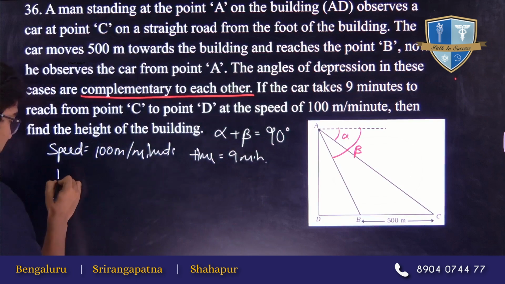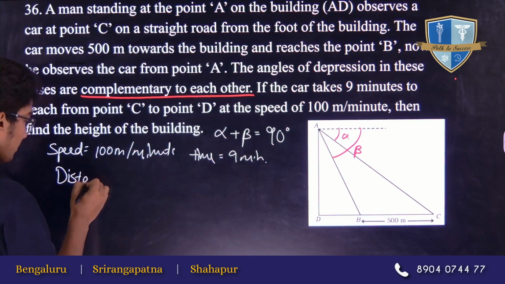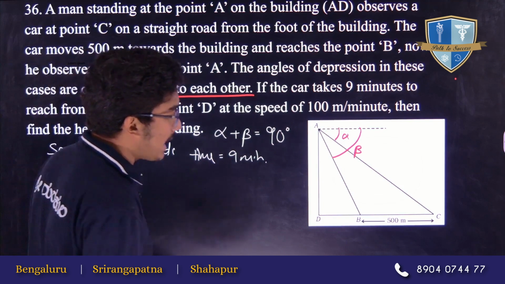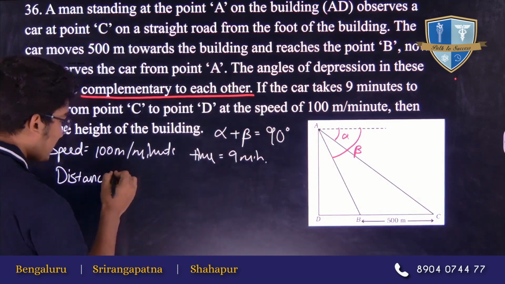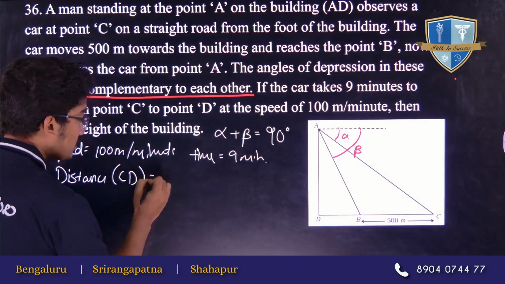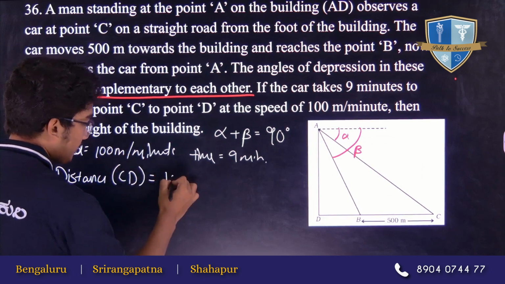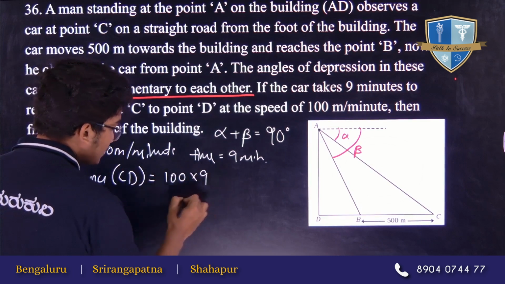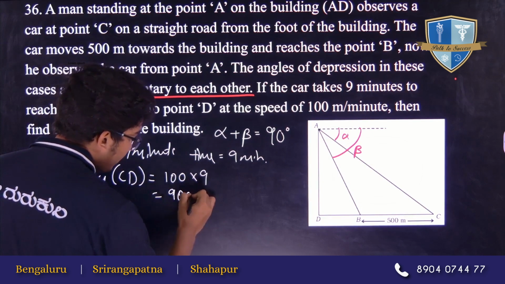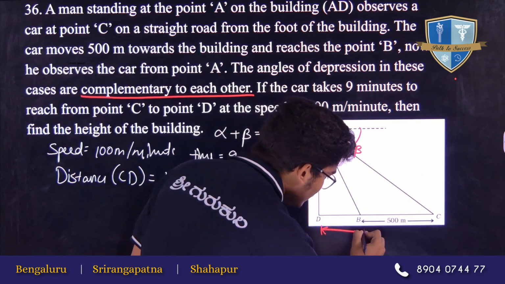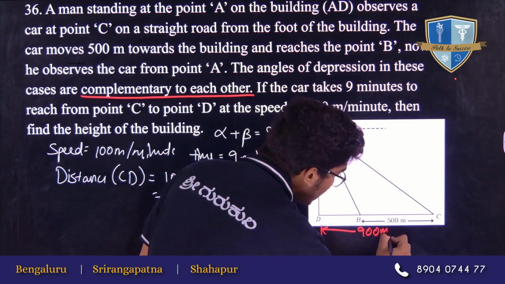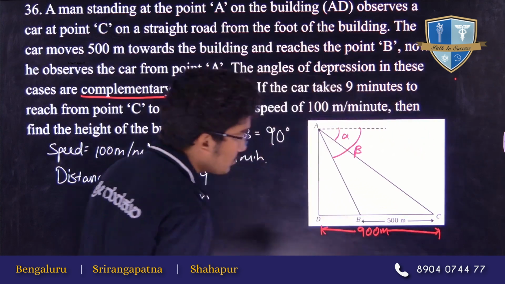So the distance traveled in these 9 minutes is from point C to D, that is length CD. So distance or length CD is equal to speed into time. Speed is 100 and time is 9. So this distance is 900 meters. So this distance CD we found as 900 meters.